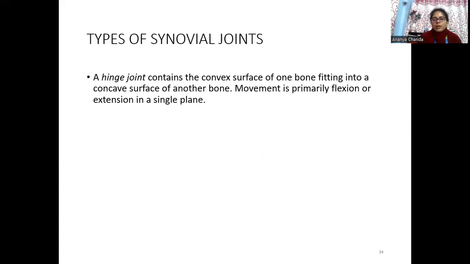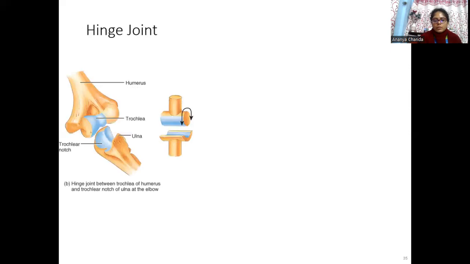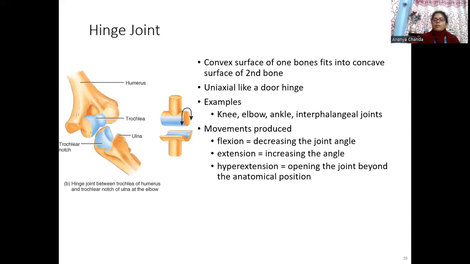Another type of synovial joint is the hinge joint. It is where the convex surface of one bone fits into the concave surface of the second bone. This is the convex surface and this is the concave surface of the second bone.